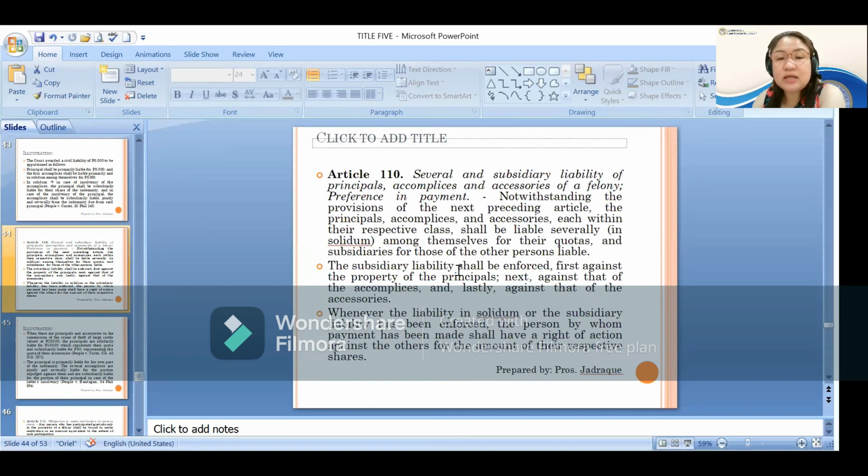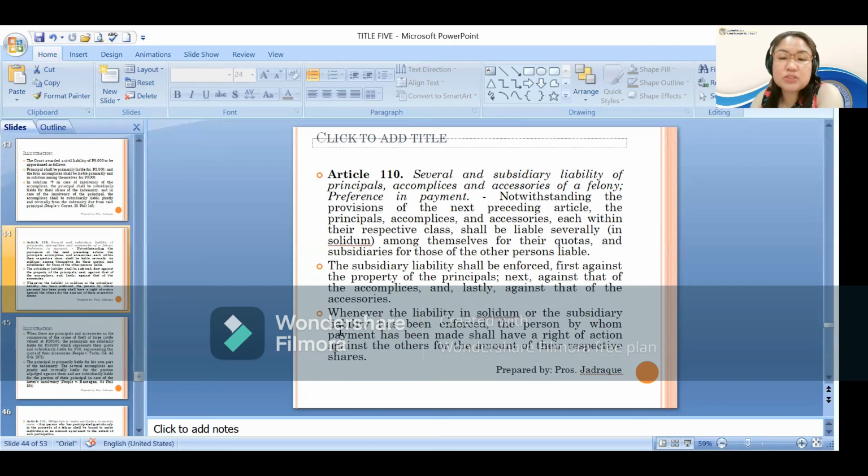The subsidiary liability shall be enforced first against the property of the principal, next to that of the accomplices, and last to the accessory. So this is what is referred to in Article 110. You have there preference of payment. So ang ingon, imo sa kunong paninglan si principal. So kung insolvent, usa pa ka moagi ni accomplice, o insolvent siya, usa pa pud si accessory.